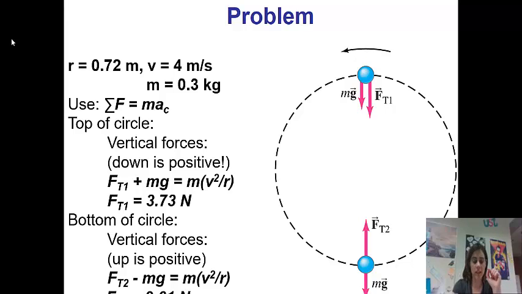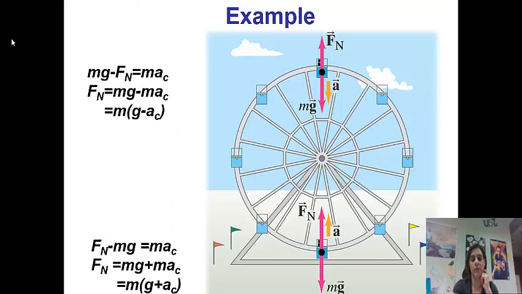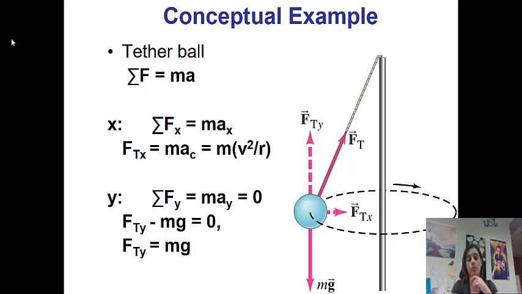Whereas on the bottom, the tension minus the weight is going to be the centripetal force. And this happens on a Ferris wheel. For a tethered ball, we can look at just the circular part, and we can break things up into our different components.